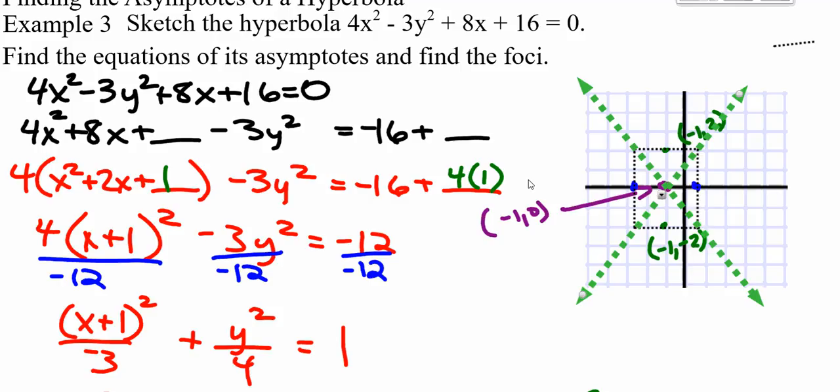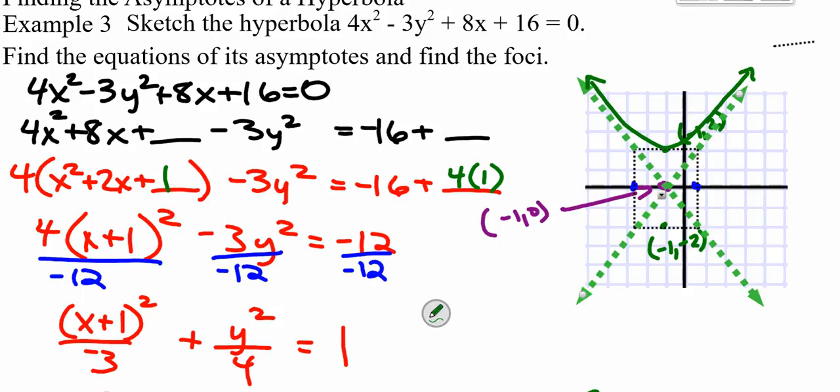And then I can sketch in. And so this is going to be looking kind of vertically up and down is where my hyperbola is going to turn out to be.